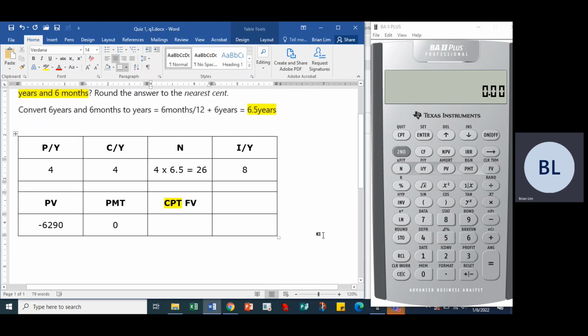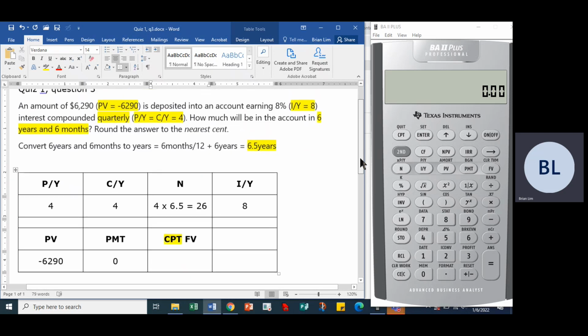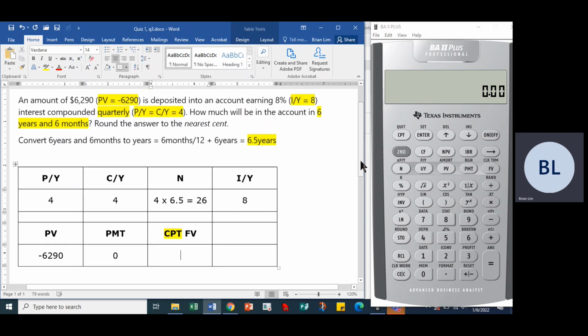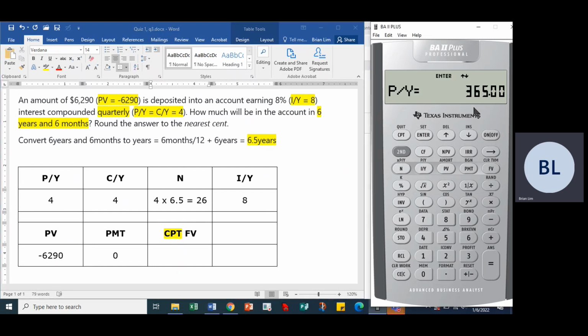Okay, so let's go to the calculator now. Let's keep everything visible so we can see the numbers. So second IY gives us the PY value, which we are entering, and that value is 4. PY is 4, CY is 4. So we enter 4 for PY, and we go down and see that is also the value for CY.